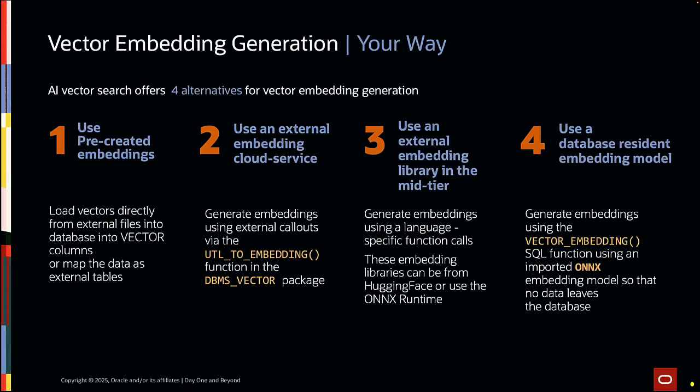So if we look at creating them, Oracle supports four approaches. The first approach is in answer to that question earlier about storing your vectors externally, or your data externally. It's possible to have created these vectors using a service or an API to an external service and storing those vectors in a file system somewhere, or even having them in a data set that you load into the Oracle database.